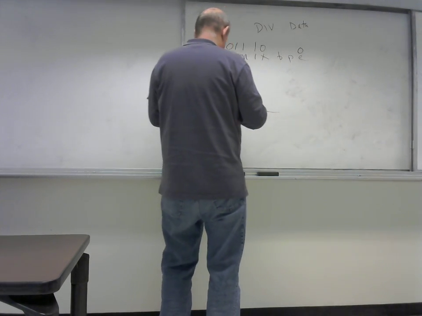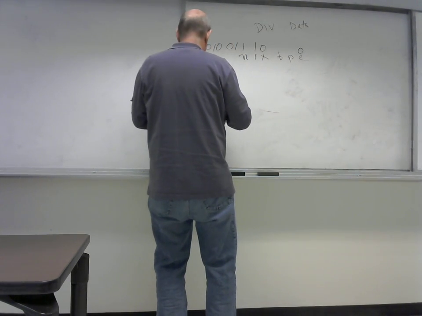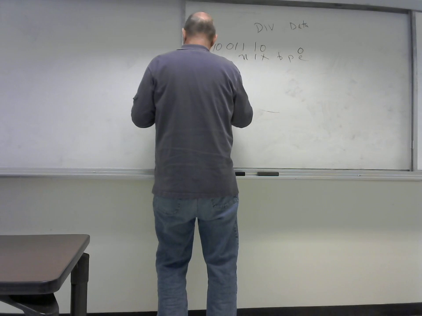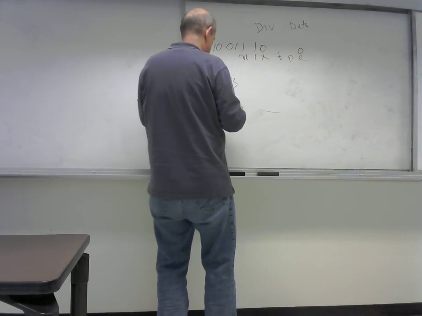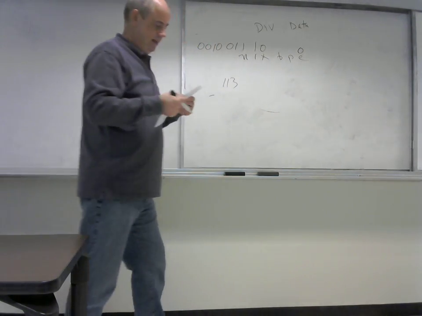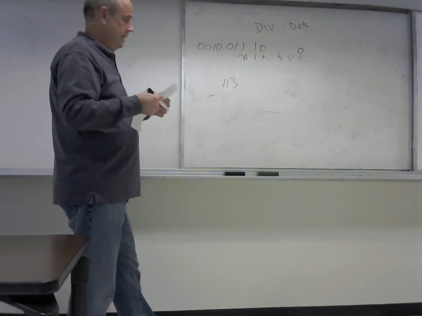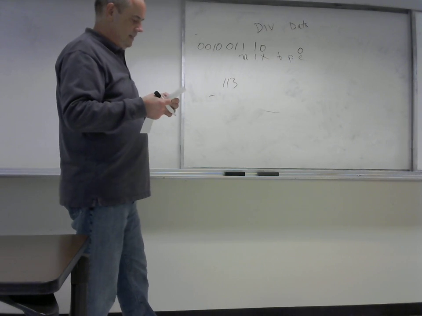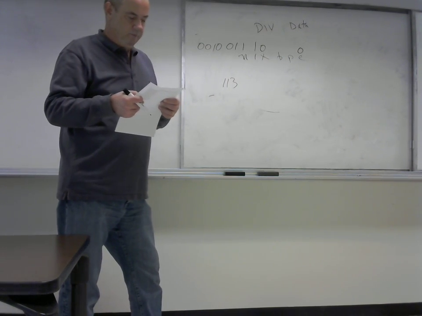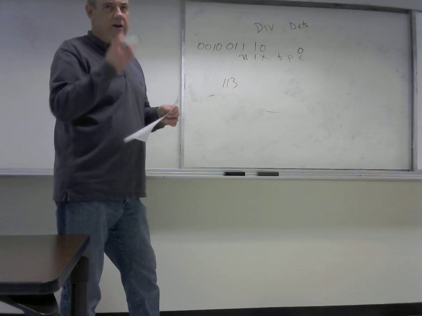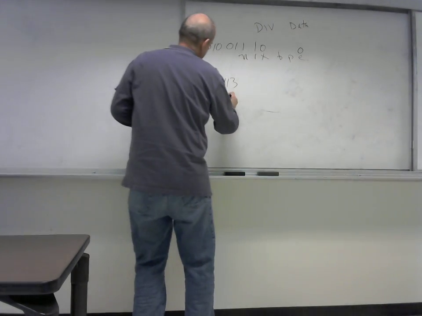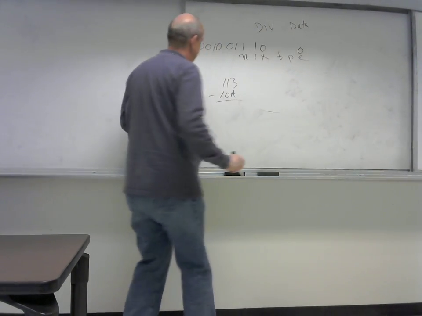So let's calculate. PC relative, destination minus source plus 3. Data, the address is 113 minus the source. And what's the source? 10A, 107 plus 3. Okay.